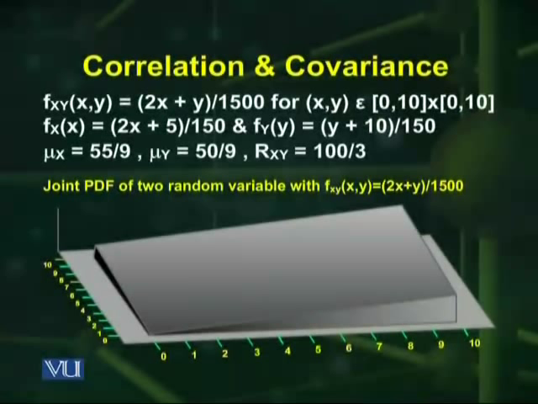The multiplication of two expected values, 55 over 9 and 50 over 9, gives us a numerical value of 33.95, which is not equal to the value of the correlation that we get, which is 100 over 3 or 33.333. So this confirms that correlation is not equal to the multiplication of the two expected values of random variables x and y.